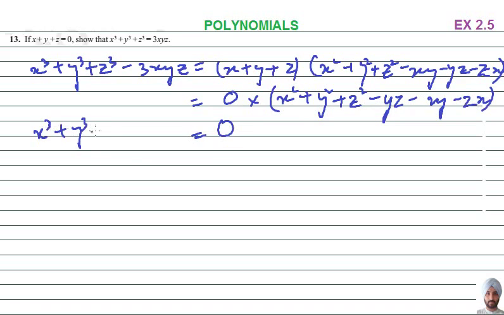So x cube plus y cube plus z cube minus 3xyz is 0. And if I transpose the term minus 3xyz over to the RHS, you will get your answer: it is 3xyz. So this you can do for only 1 mark.